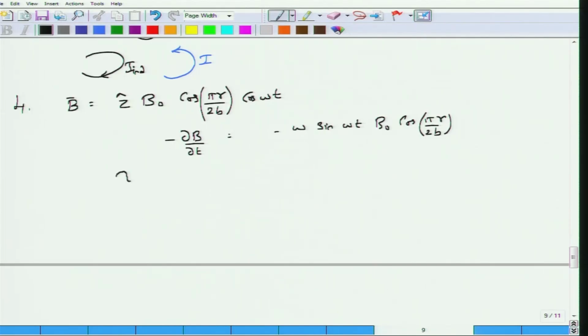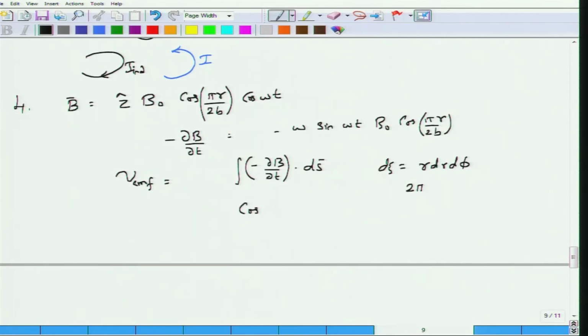Now, what is the EMF produced? EMF produced is the integral of this minus dB by dt over the surface, right. What is the surface? The surface integral will be the dr d phi surface integral, right. ds will be equal to r dr d phi. Integration over d phi gives you 2 pi, integration over r should give you a different value.